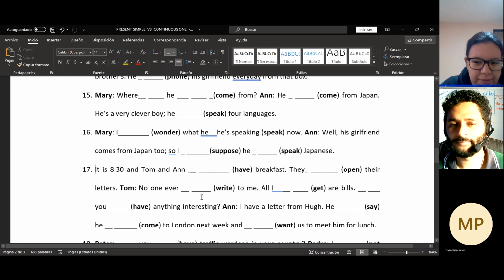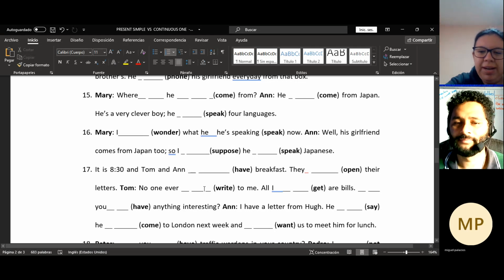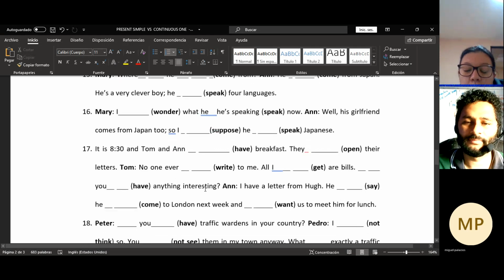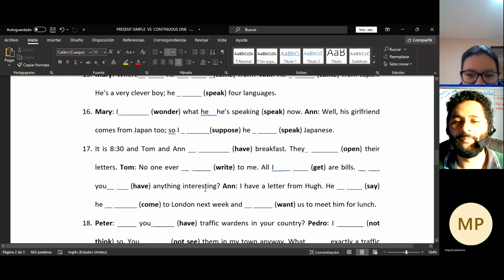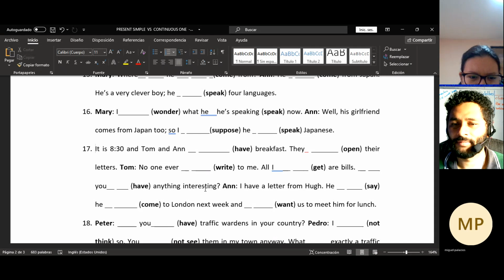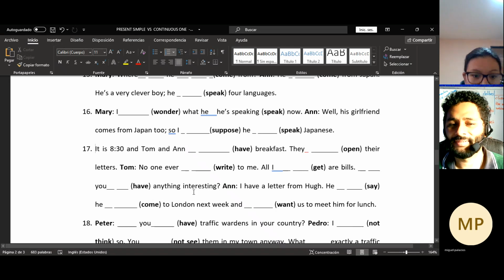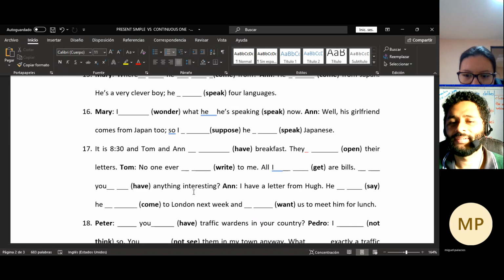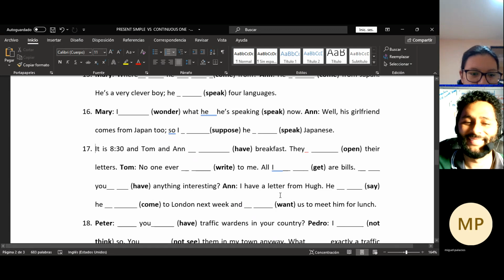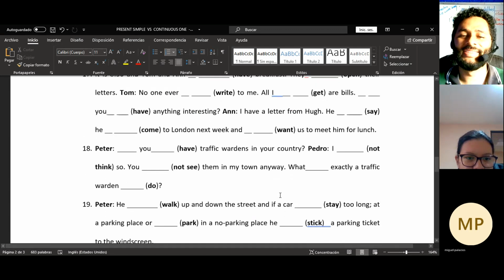Do you have anything interesting? I have a letter from Hugh. He's staying. No, he says he is coming to London next week, and he wants us to meet him for lunch.